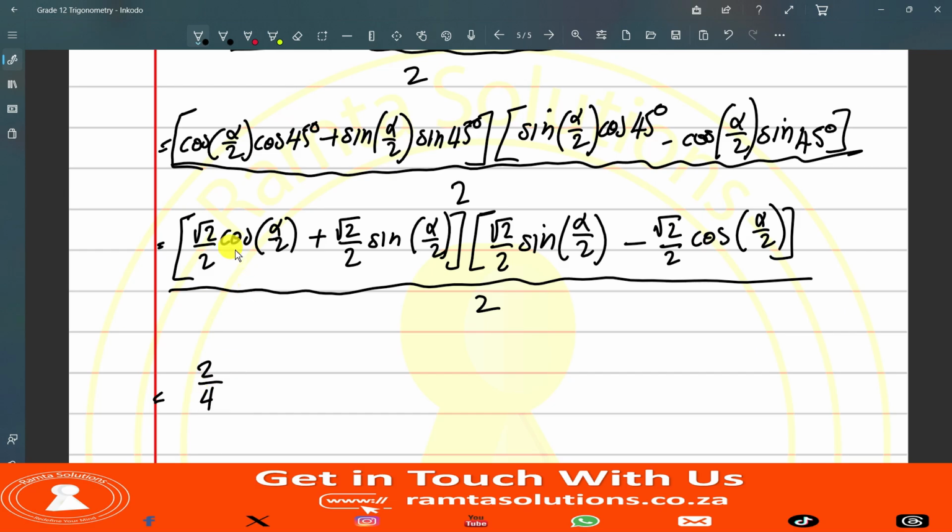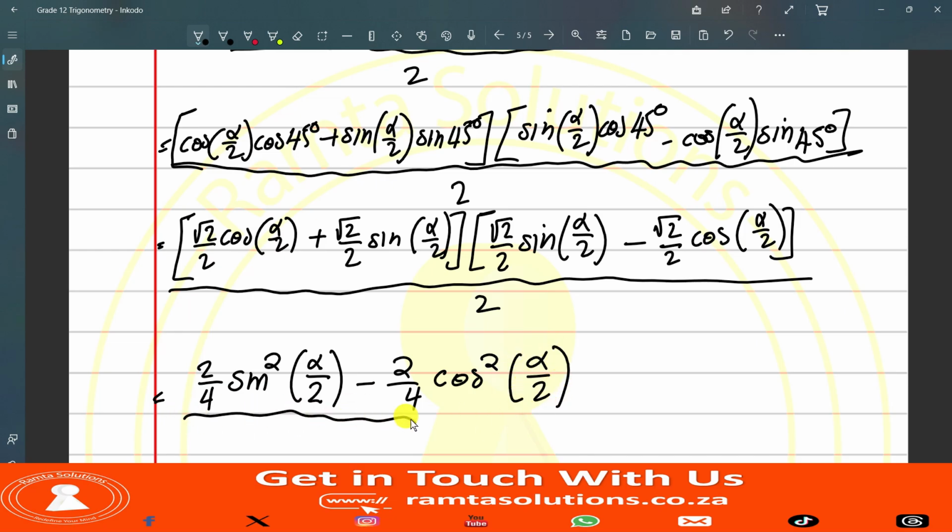So 2 over 4 sine squared alpha over 2 minus 2 over 4 cos squared alpha over 2, all over 2. Remember, here you do the FOIL method. It'll give you this answer.